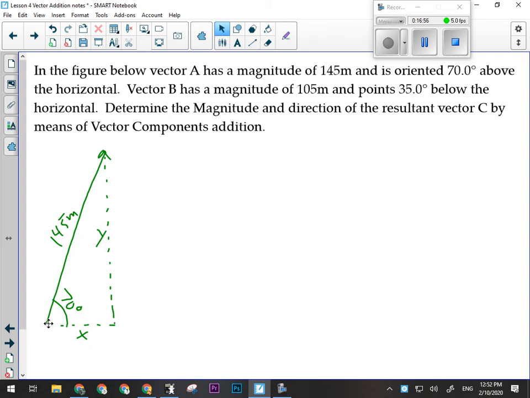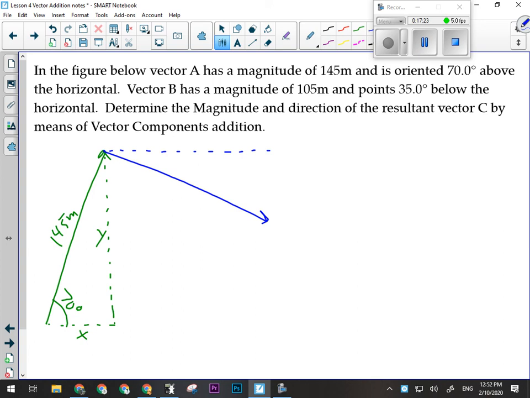Then it says vector B has a magnitude of 105 meters and points 35 degrees below the horizontal. Again, it's measured from the horizontal, so I'm going to draw a reference line that's horizontal, and I'm going to go below it 35 degrees. That line is a little shorter than my first line.